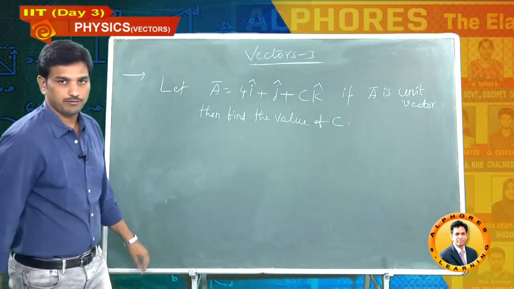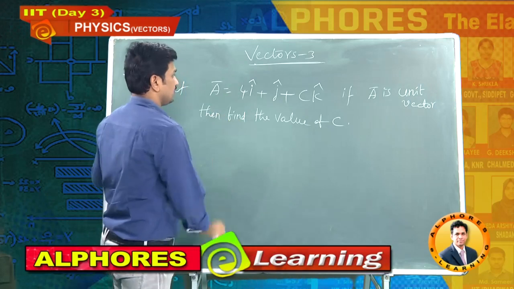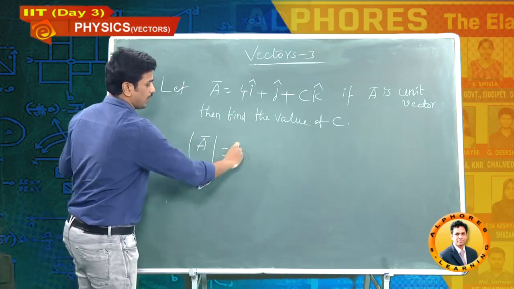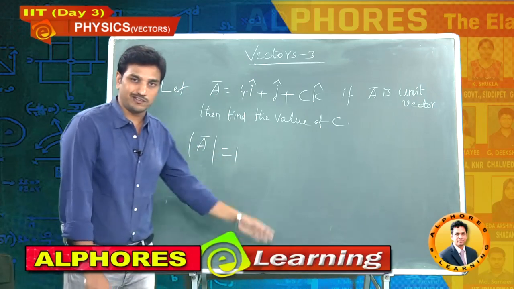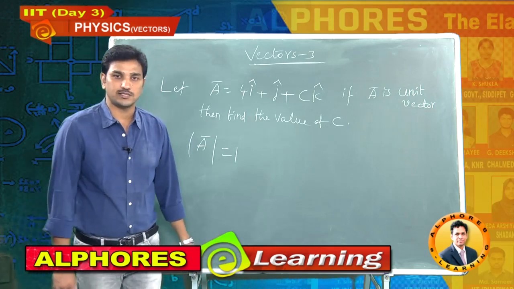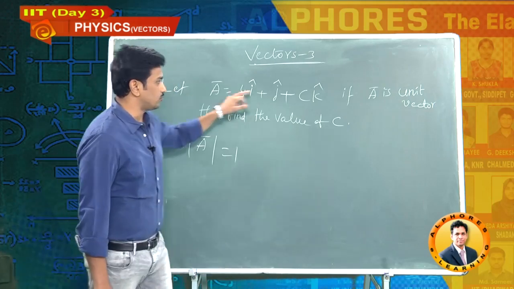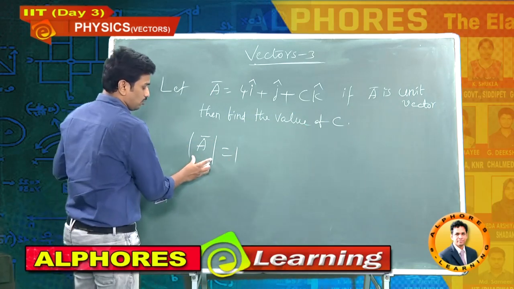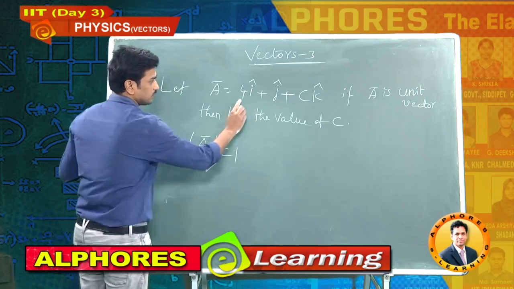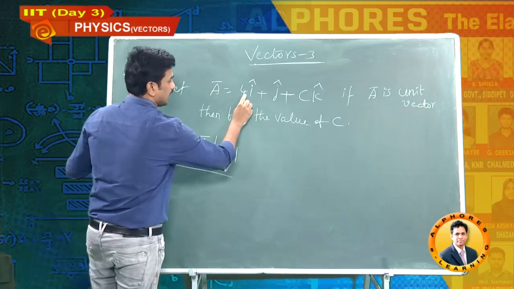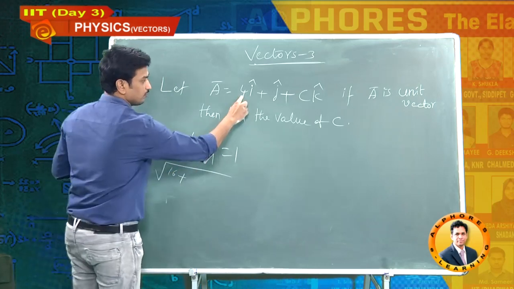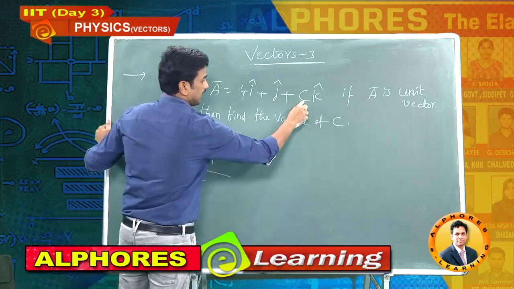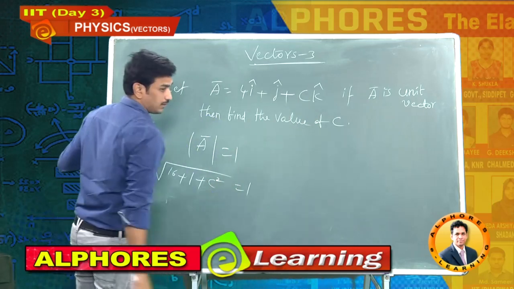You know the concept of unit vector. What is the meaning of unit vector? A vector whose magnitude is 1. Here A bar is a unit vector, so the magnitude of A bar is 1. Now, how to calculate the magnitude of A bar? Under root: i cap coefficient squared, 4 squared, j cap coefficient squared, 1, k cap coefficient squared, c squared, is equal to 1.